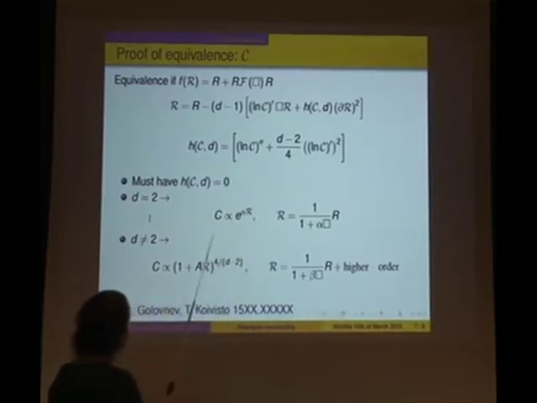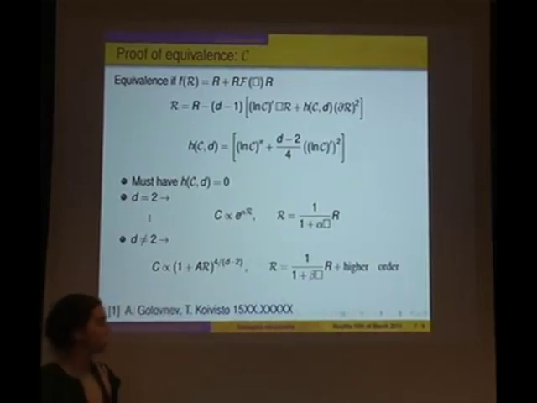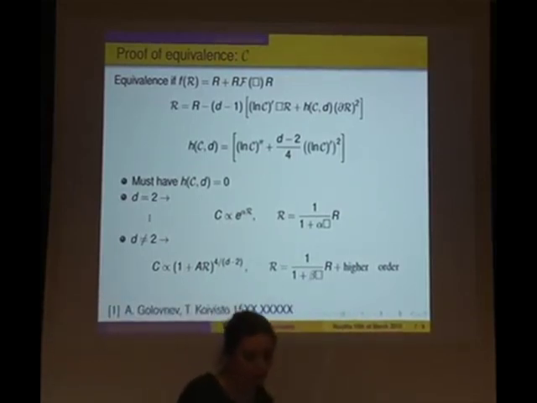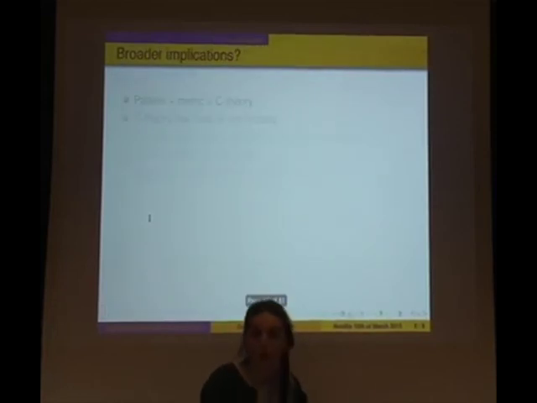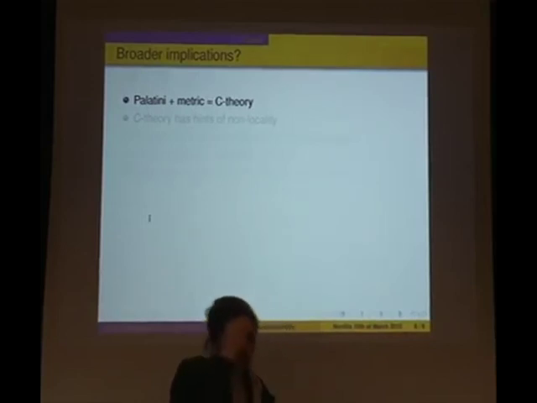But it's still nice to see that even though we have these extra higher order corrections, we still see that there's at least a non-local flair to this, which is vaguely related to this, at least in dimension 2.